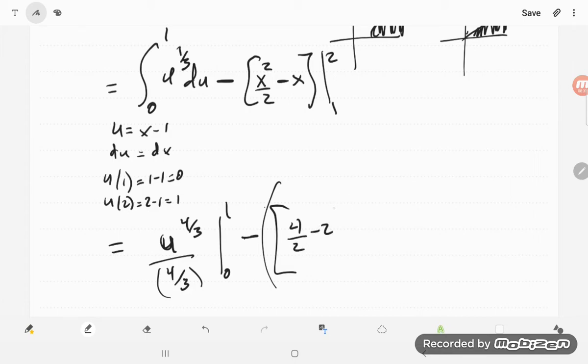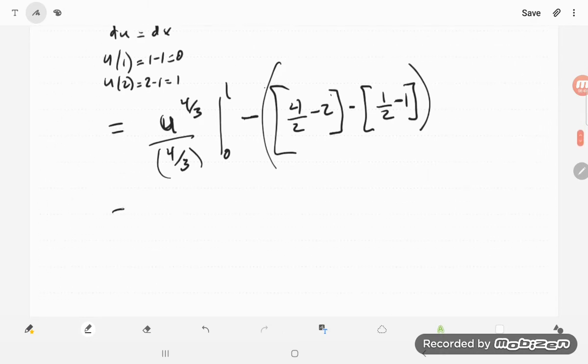Oh, well, that's just 0. And then minus 1 over 2 minus 1, like that. And so this is equal to, well, when I put 1 in and invert and multiply, I just get 3/4. And then we'll put 0 in, I get 0. And then now, okay, that is just 0.